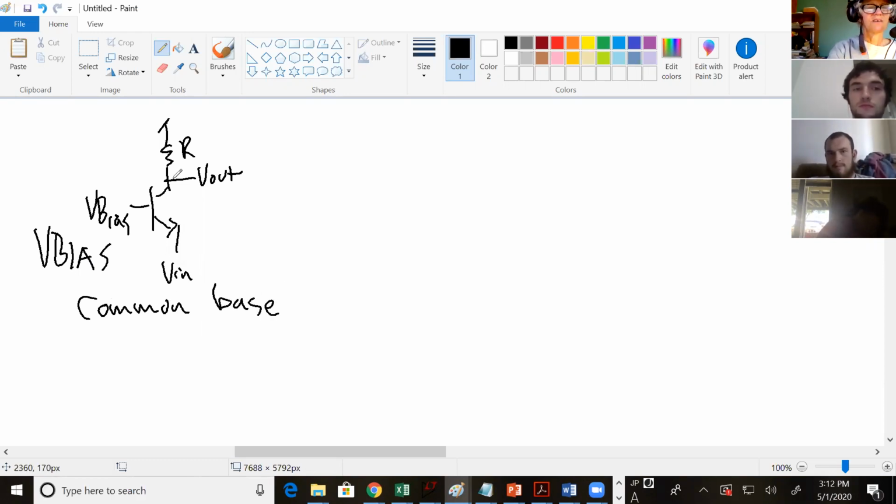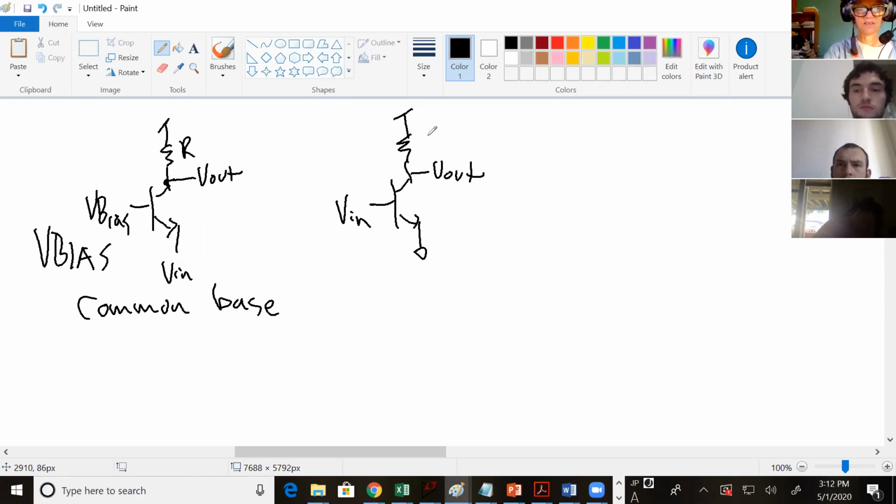In a lot of books you see this drawn differently, and I'll show you why in a minute, but let me draw another circuit. What's that? Common emitter. So these look a lot alike the way I drew them.